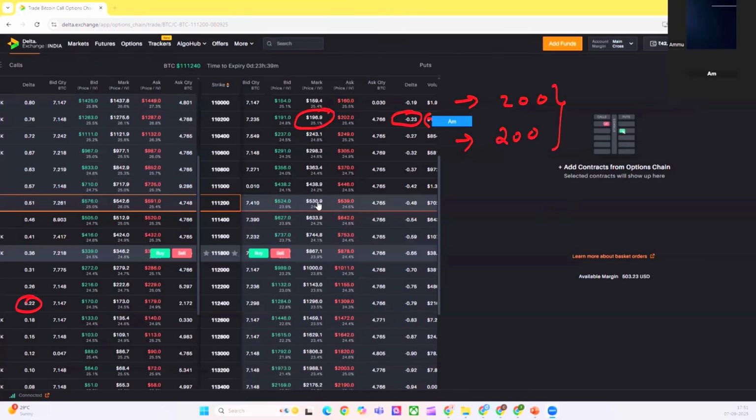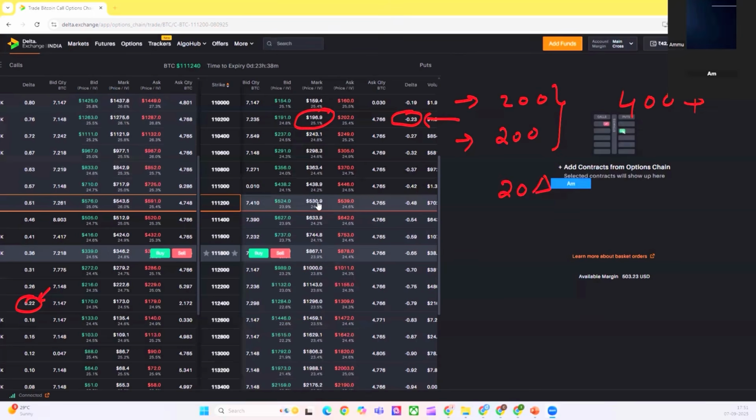So sometimes here this is 0.23 and 0.22. So if both are coming to 0.23, you will get that. If both are coming to 0.22, so you will get almost equal premium, right? So here assume you got 200 and you got 200 and you collected 400 as the premium. So what is this?